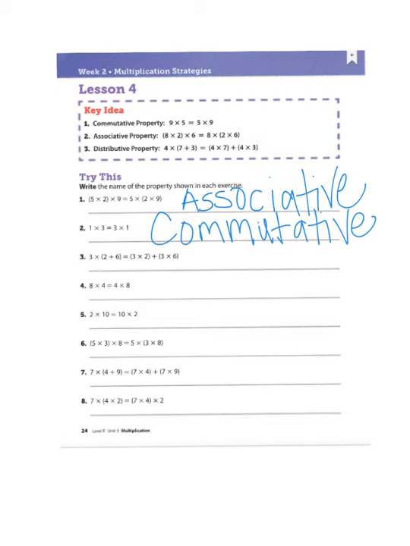So you can see that they did that when they did 3 times 2 plus 3 times 6. So this is an example of the distributive property.